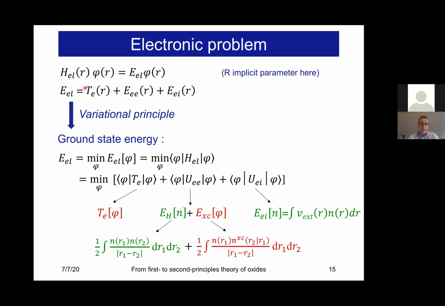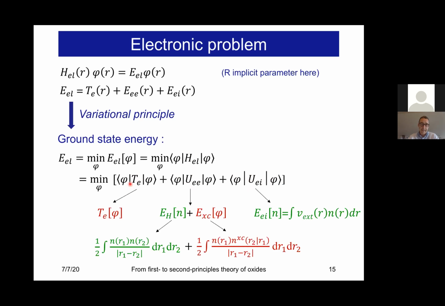Now, because I have three terms here: kinetic energy of the electrons, interaction of electrons together, and interaction between the electrons and the ions. In this Hamiltonian, I have three parts as well. I have the kinetic energy operator here. I have an operator of interaction between the electrons and an interaction between the electron and the ions.